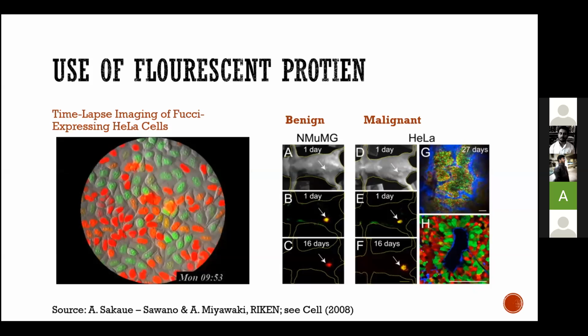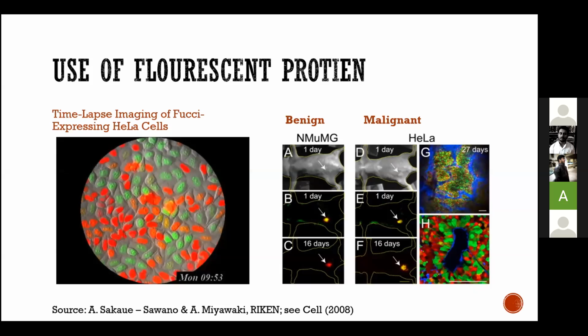There is one example from Miyawaki's paper in Cell. Here is a mouse. On day 1, they were studying benign and malignant tumors with the help of this newly found fluorescent protein technique, called Fucci. This Fucci technique was expressed in HeLa cells, and this was the video which you saw.